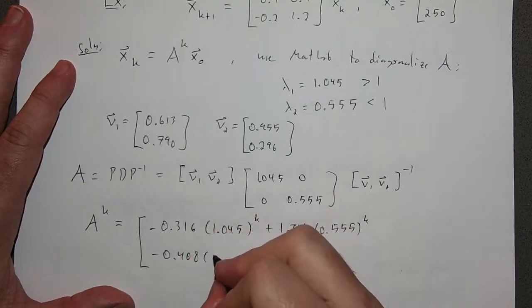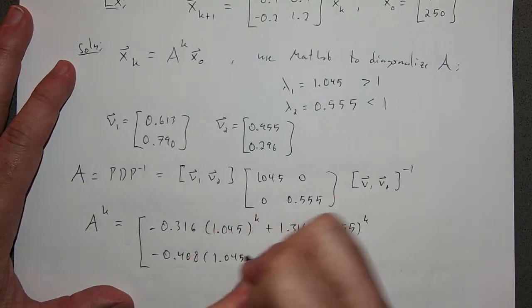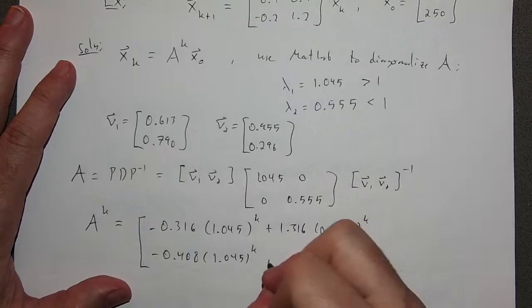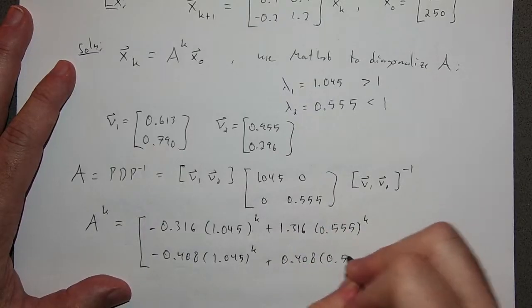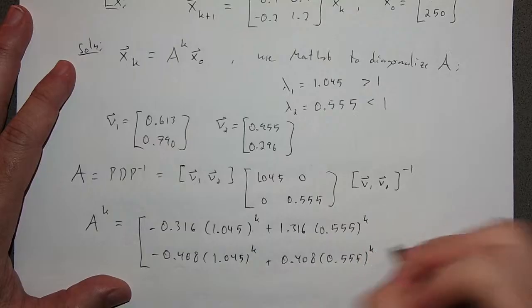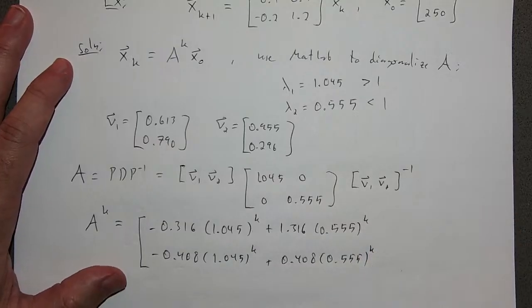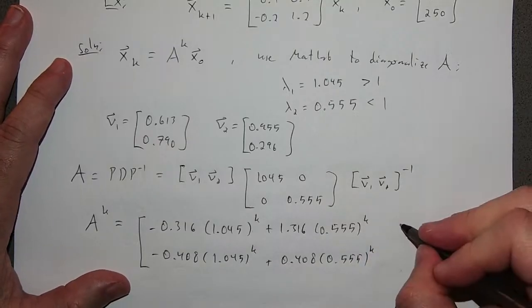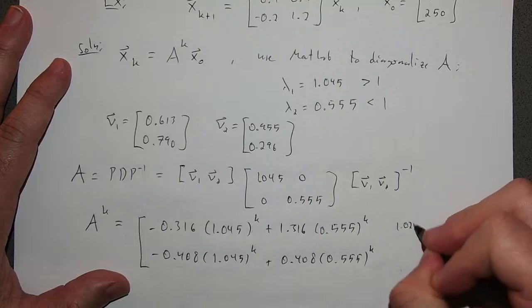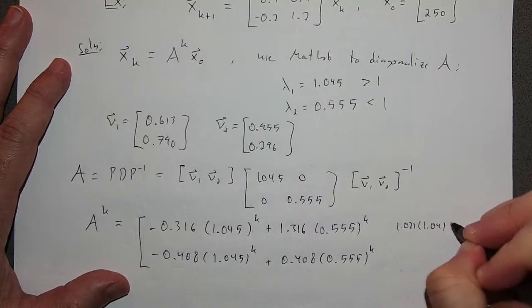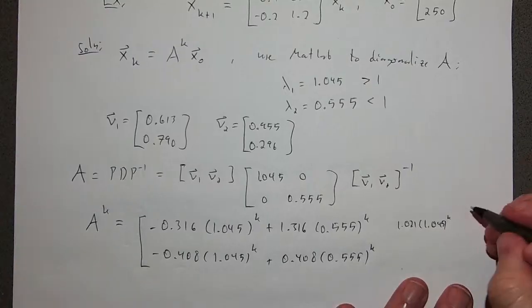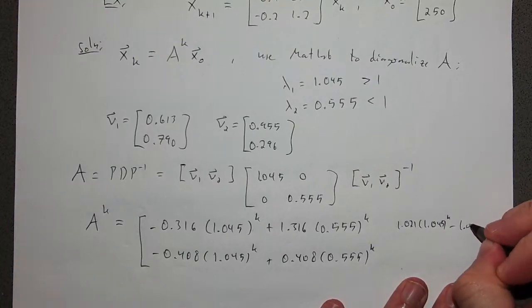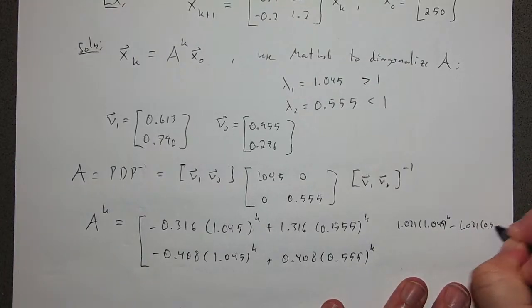0.408 times 1.045 to the k. Next would be plus 0.408 times 0.555 to the k. The last two entries, this would be 1.021 times 1.045 to the k minus 1.021 times 0.555 to the k.